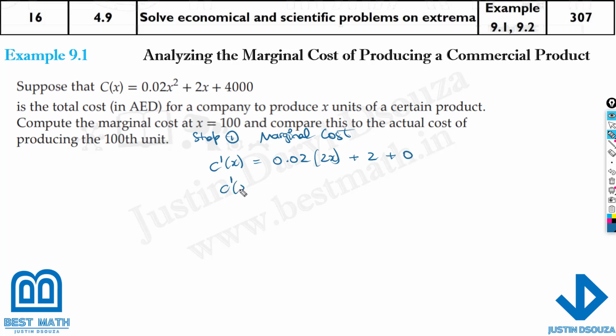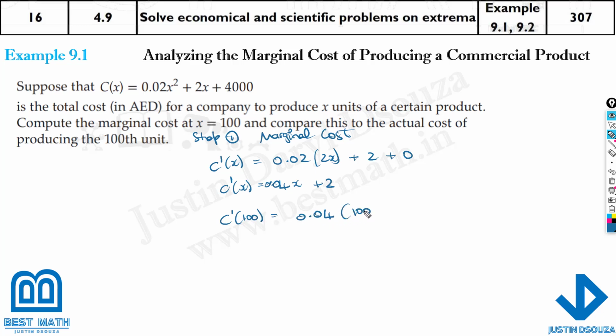So the derivative would be 0.04x plus 2. I hope this is clear. Now what you need is the marginal cost at x equal to 100, isn't it?